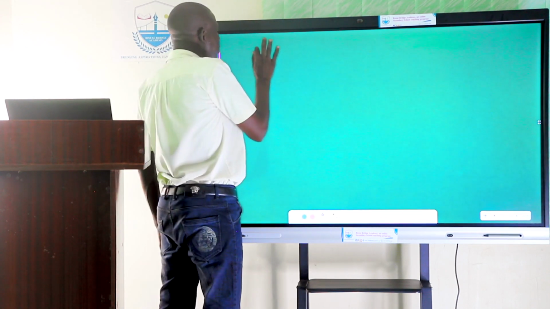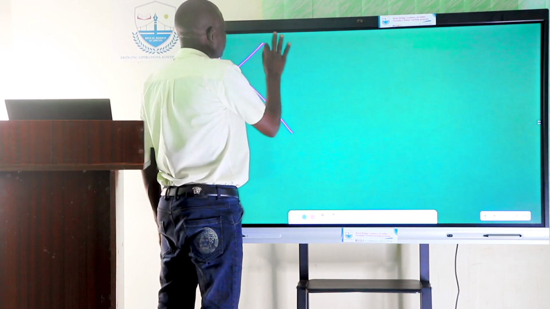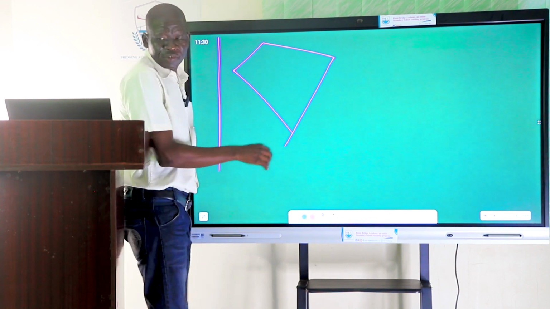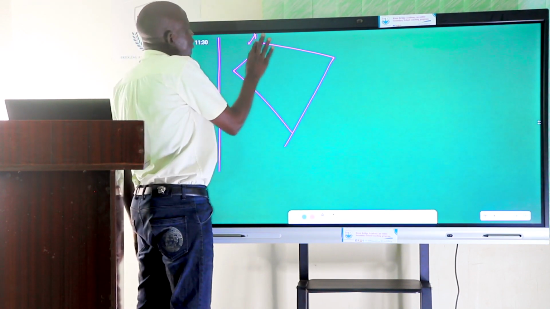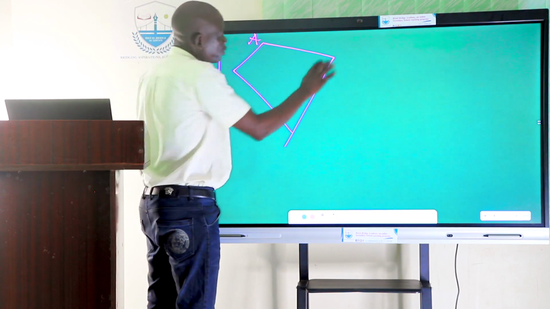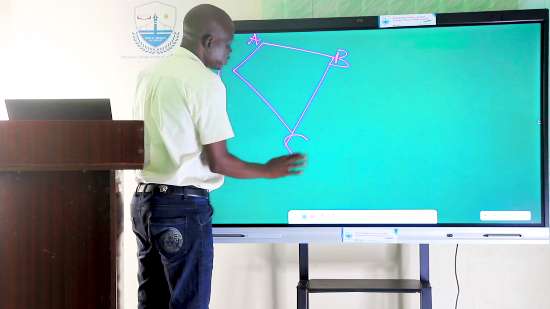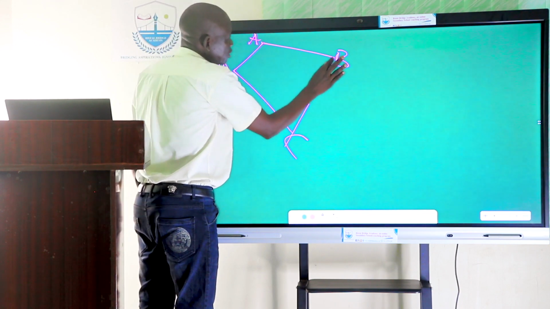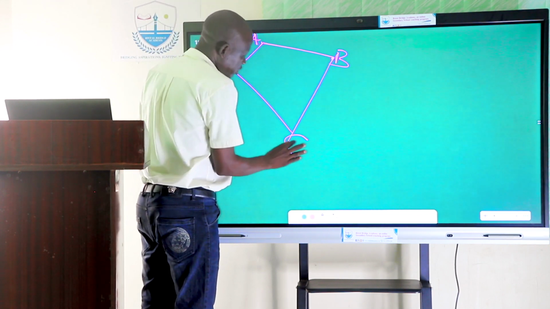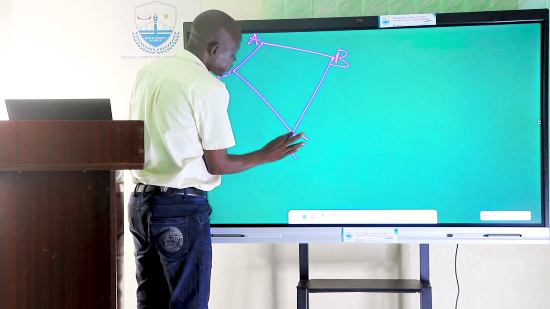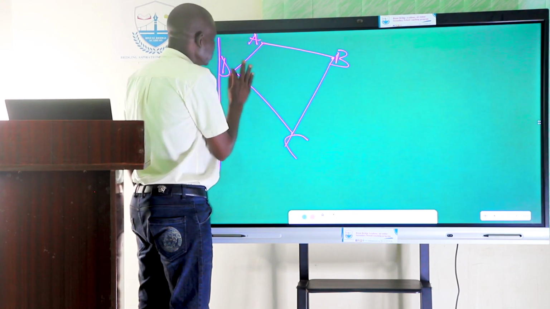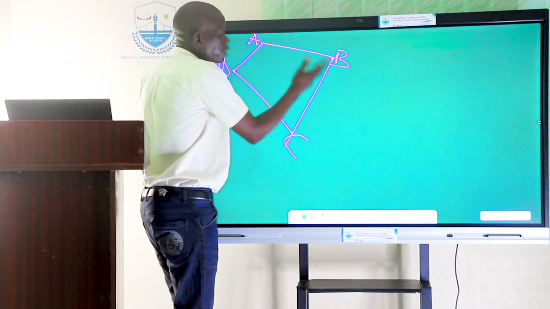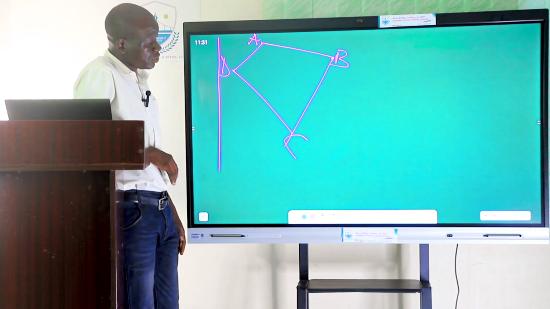Like if I draw a figure like this, a figure like this one, we can have this one as being the point A, point B, point C, and the point D. These are the points where the lines meet. These are what we call the points. So the whole of it now becomes a figure consisting of points.